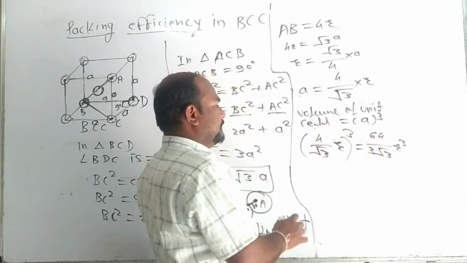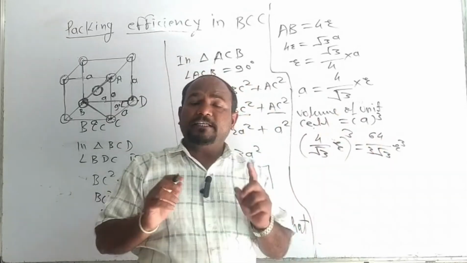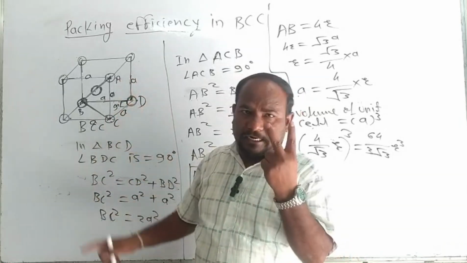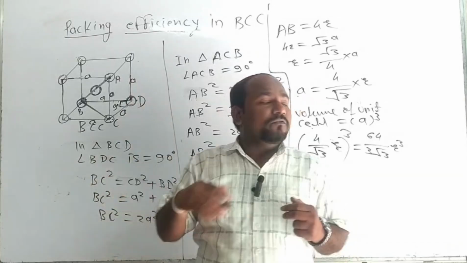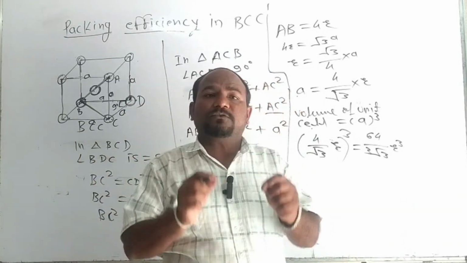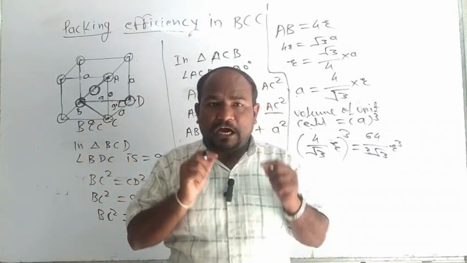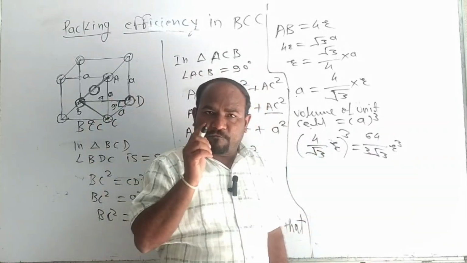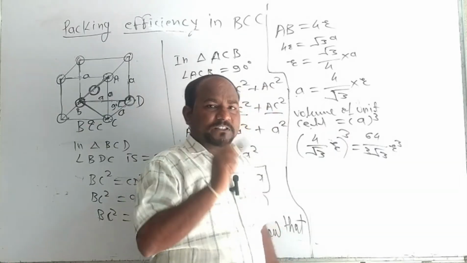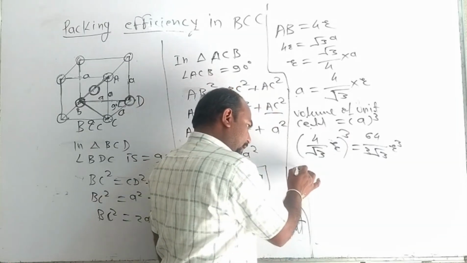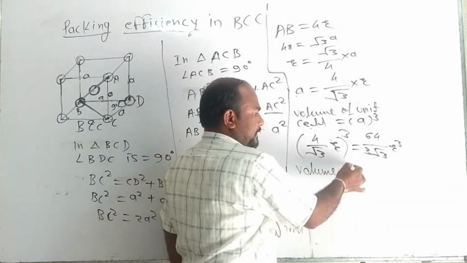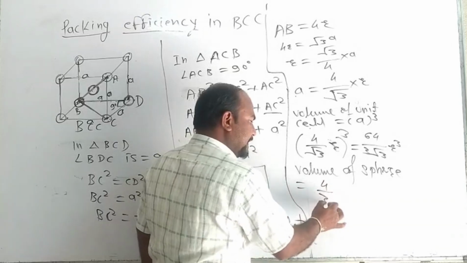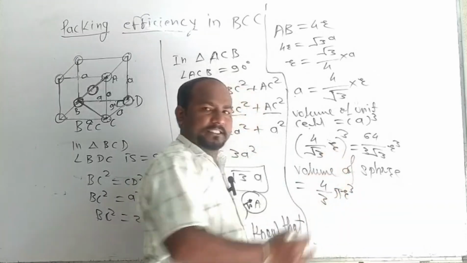Now we have to find the volume occupied by the spheres in the BCC unit cell. We know that in a body centered unit cell there are 2 spheres. Now we have to find out how much volume of this unit cell is occupied by those 2 spheres. We know the formula for volume of a sphere: volume of sphere is equal to 4 by 3 pi R cube, isn't it?